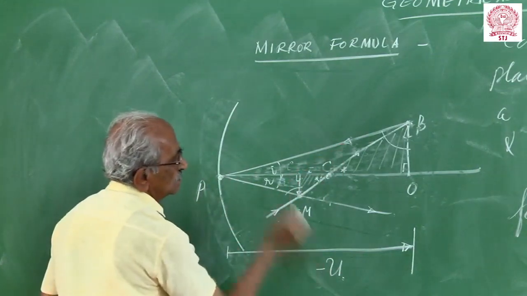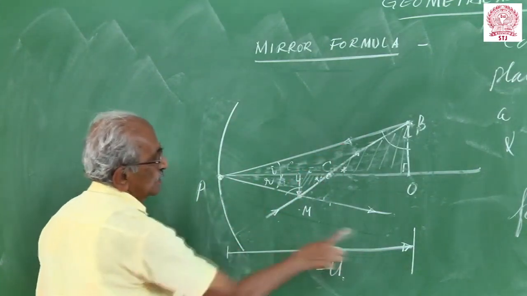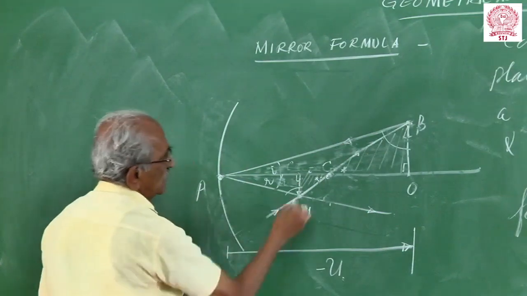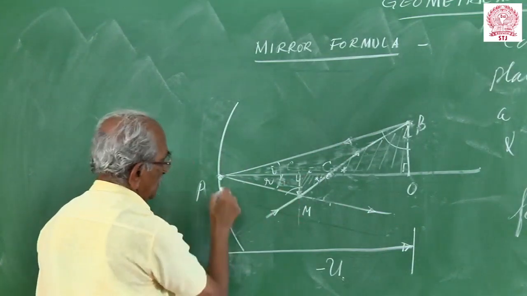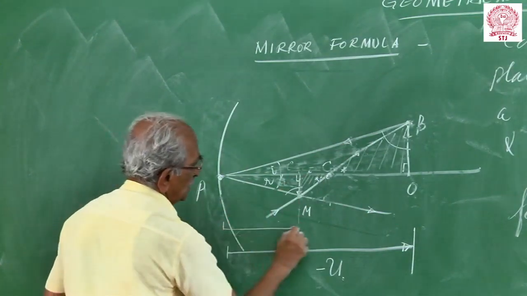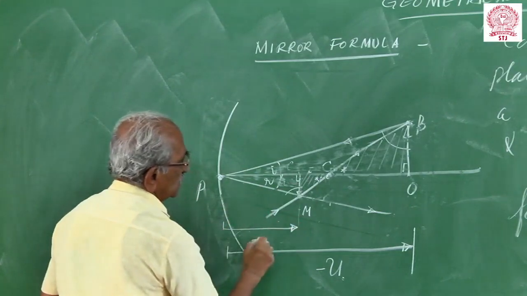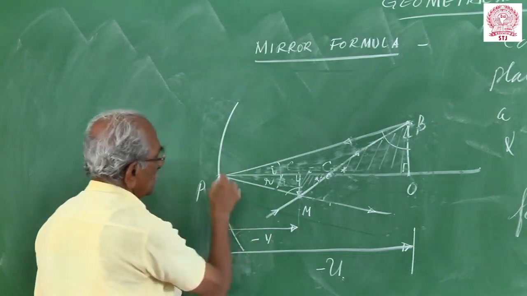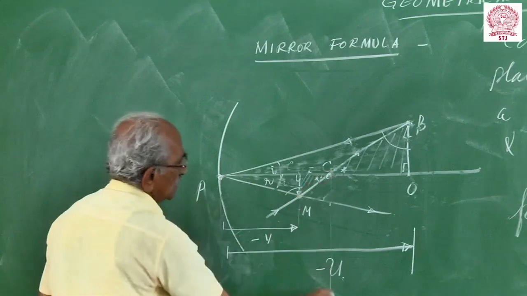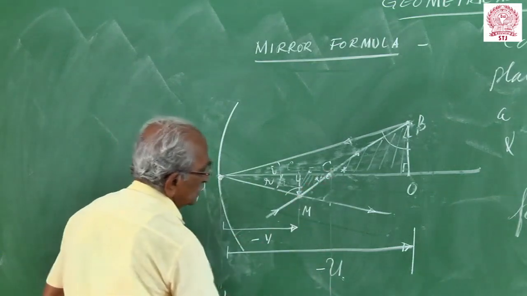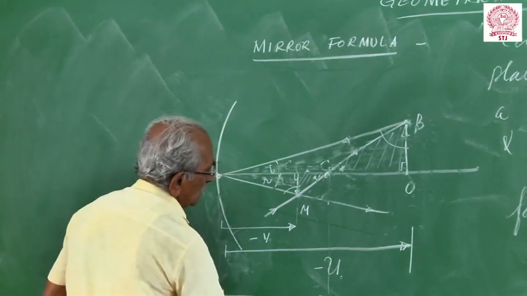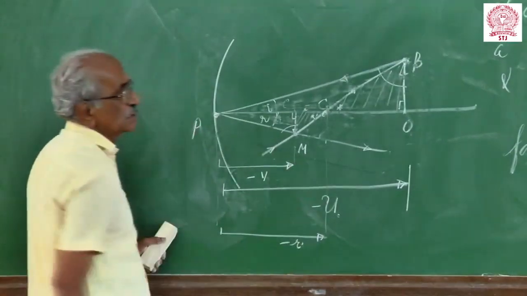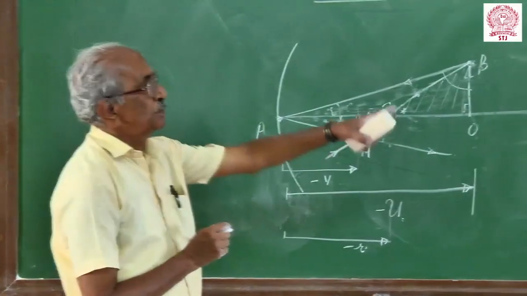Now this is the image, so from the pole to the image is minus V. From the pole to the center of curvature, it is minus R.